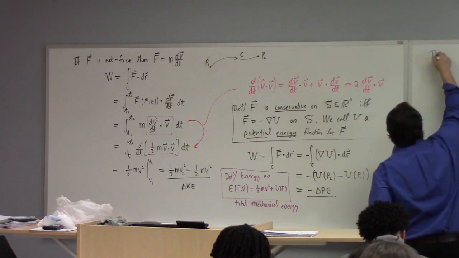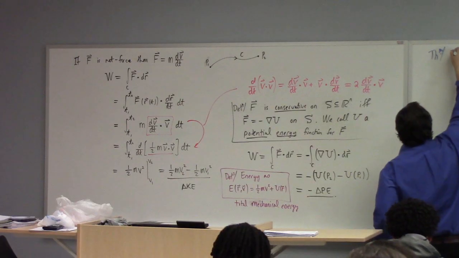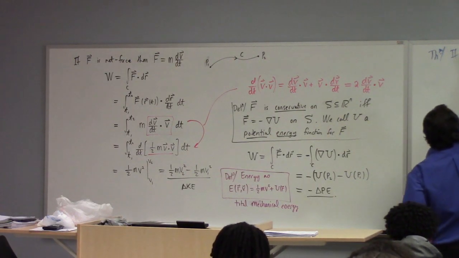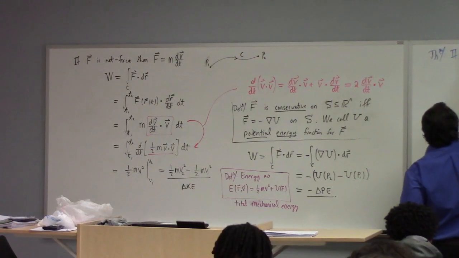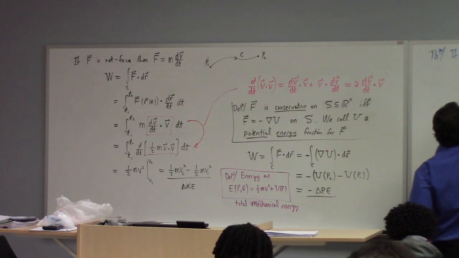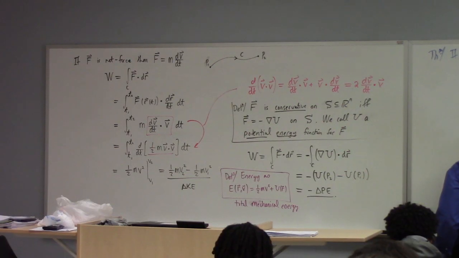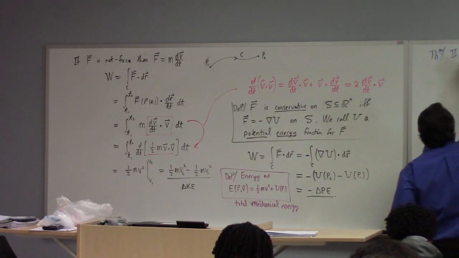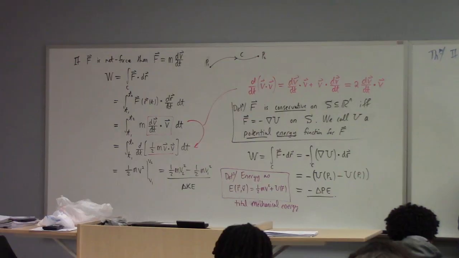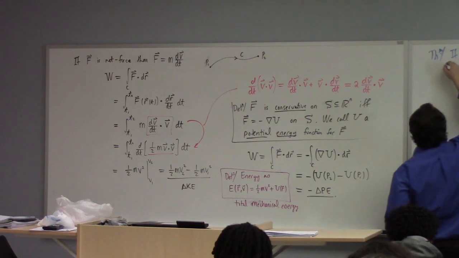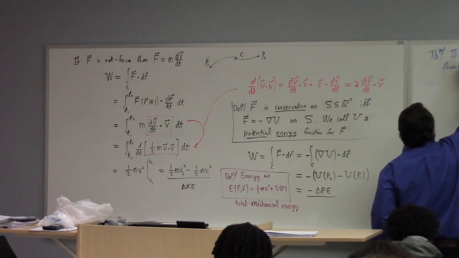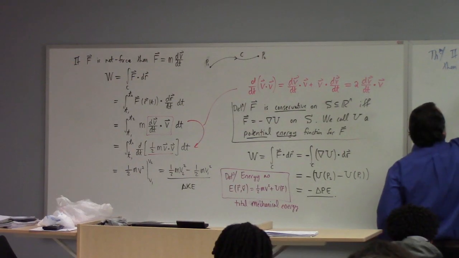So we have the theorem. If F is a vector field on S, a subset of Rn, then the following are equivalent.